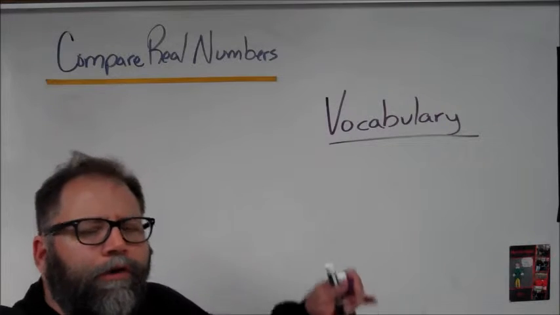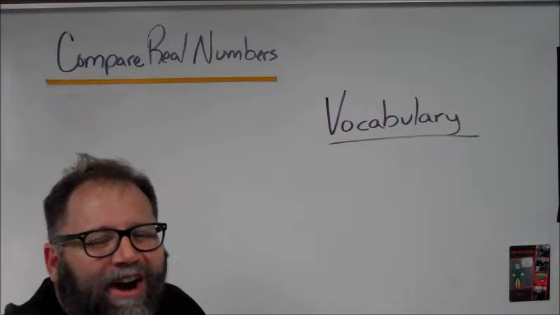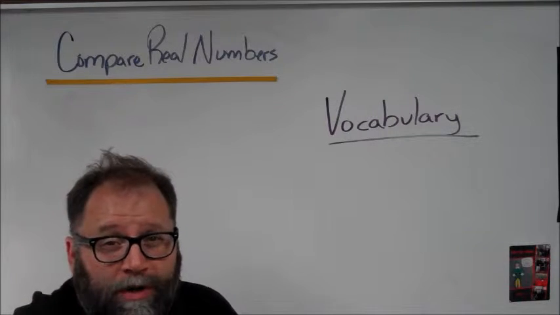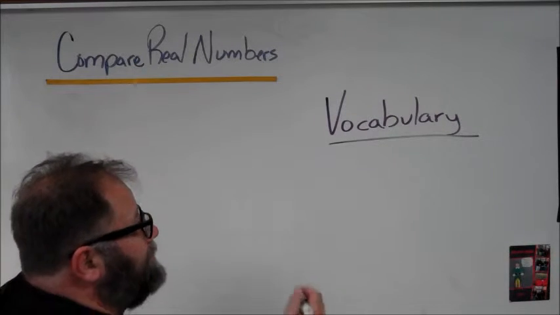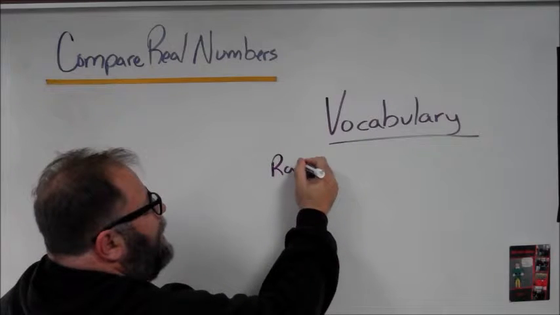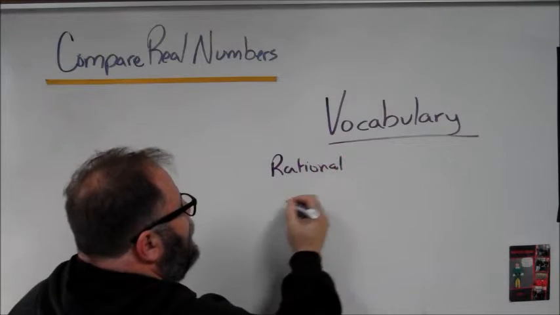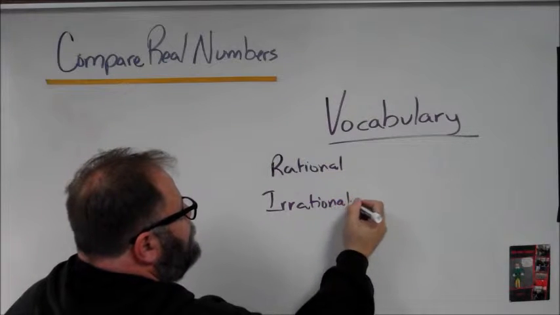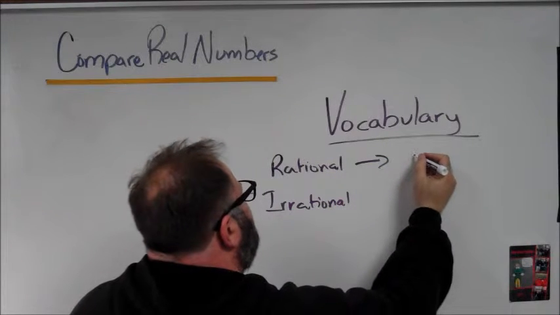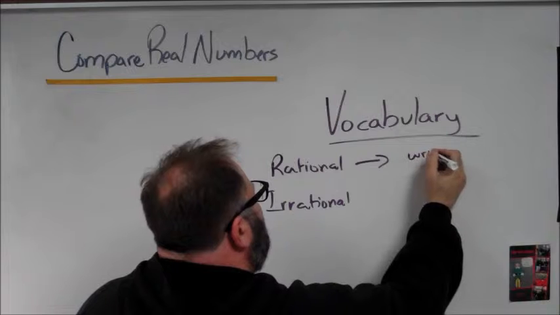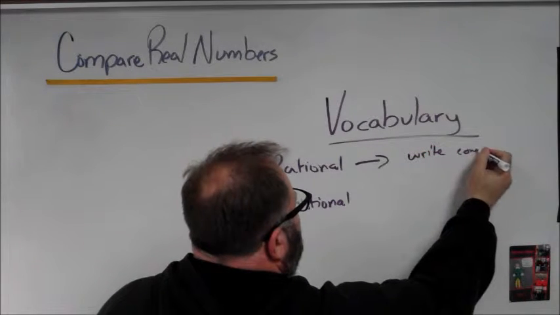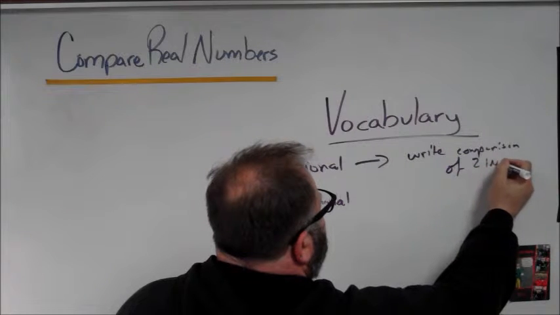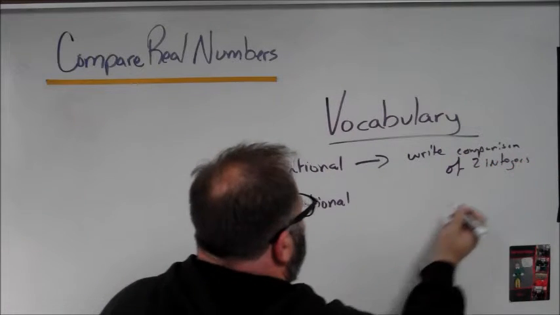Vocabulary! All right, things that we picked up in this one, stuff that we knew. We knew whole numbers, we knew integers, we knew rationals. Let's just throw rationals up here, though, because rationals will help us understand what an irrational is. So we have a rational number, which is any number that we can write as a comparison of two integers, which we know those are.